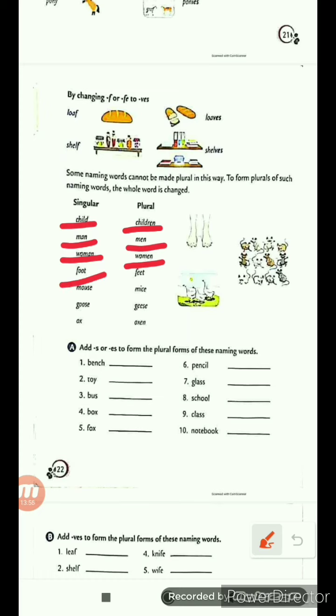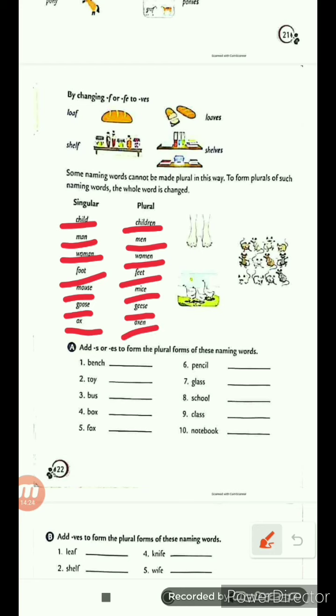Singular foot, plural is feet. Mouse is singular, mice is plural. Goose is singular, geese is plural. Ox is singular, oxen is plural.